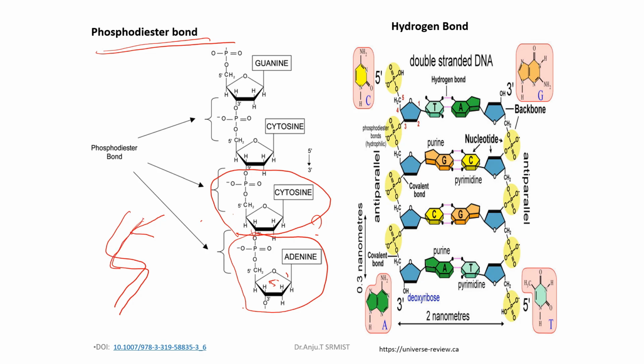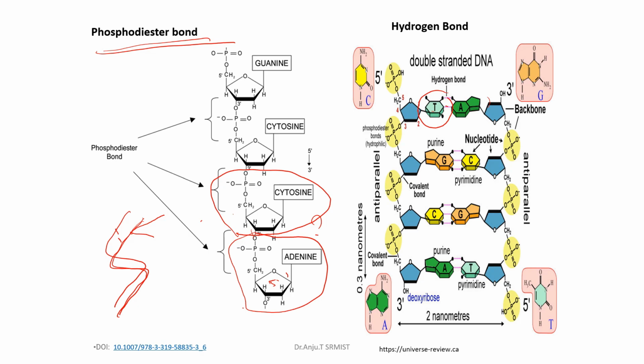Okay, we know how one strand is made, but how are these two strands linked together to form this double helical structure? If you see here, in the sugar phosphate backbone, the nitrogenous bases protrude from the backbone, forming hydrogen bonds with the nitrogenous bases from the other sugar phosphate backbone.